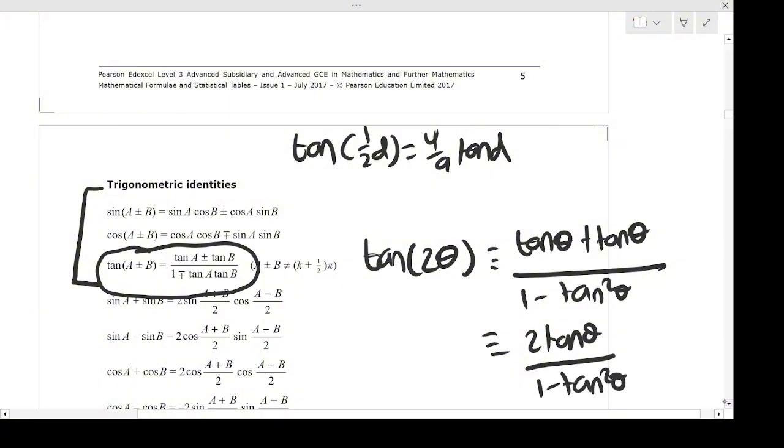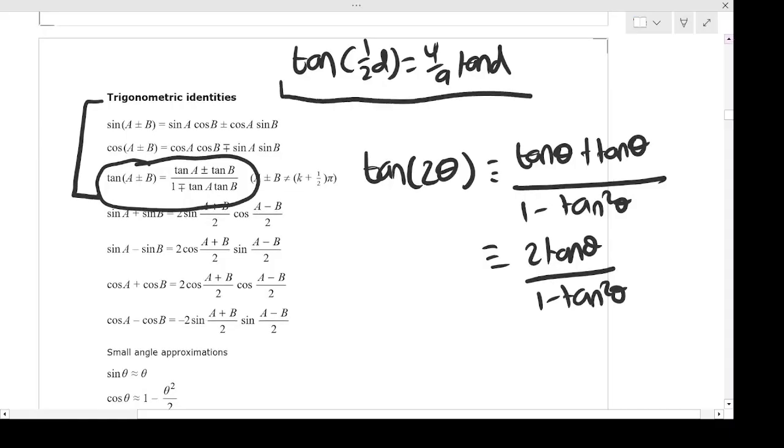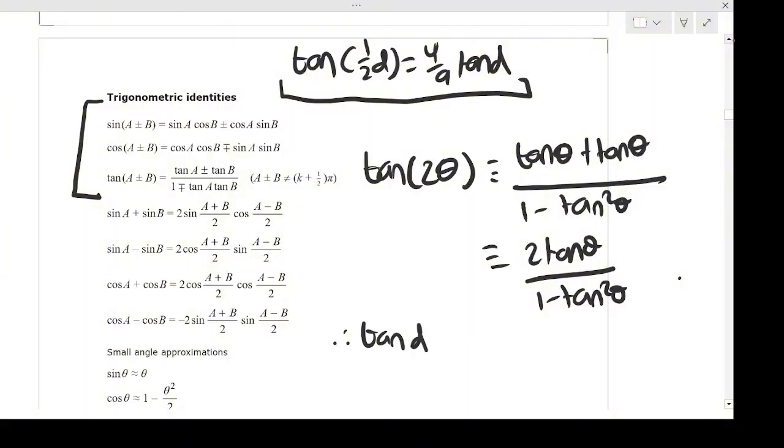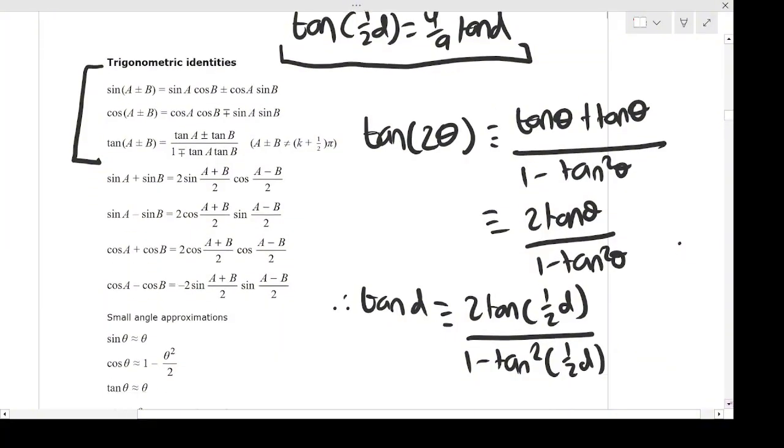In this case, we can replace theta with a half alpha. So therefore we can say that tan alpha is going to be 2 tan of a half alpha over 1 minus tan squared of a half alpha. So now I have this expression for tan alpha.